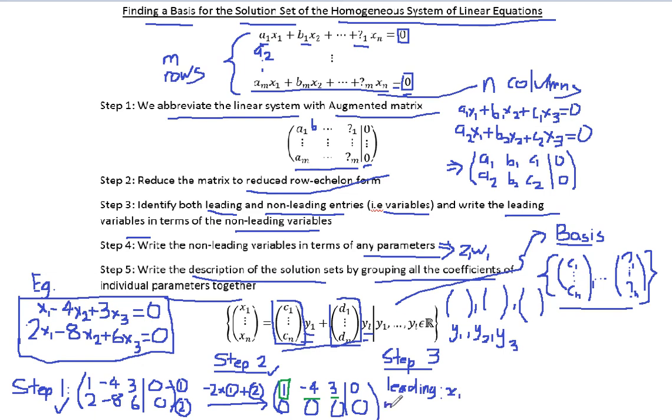And non-leading is x2 and x3. Now let me tidy this up first. Then we can have more space to write.